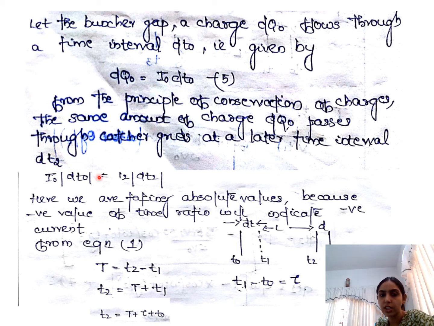So this I0 dt0 can also be equal to I2 into dt2. Here we are taking only the absolute values and neglecting the negative currents. Now here I2 represents the current in the catcher cavity.